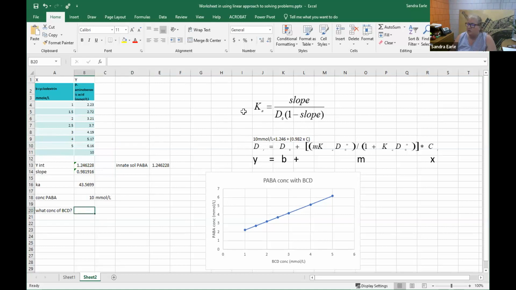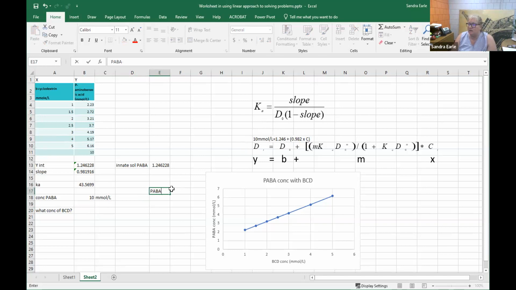Well, we need to just rearrange this equation. So to solve for concentration here, we're going to take the drug concentration that we want, so PABA concentration, and first we're going to subtract the y-intercept here, right? We're going to bring this over to that side.